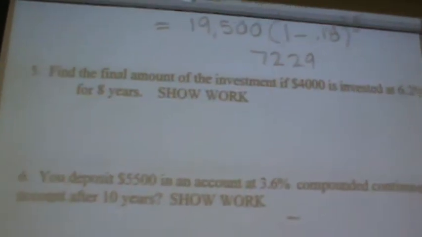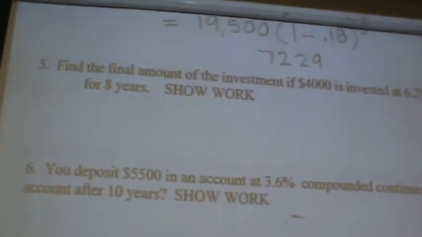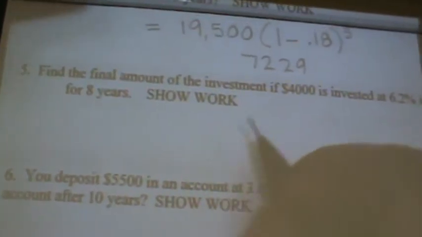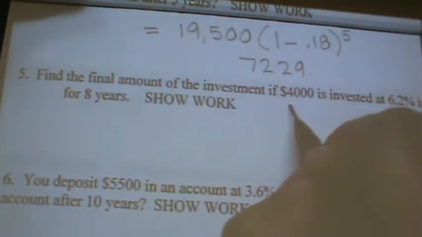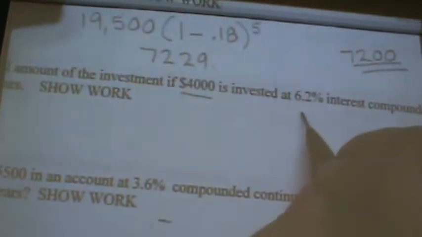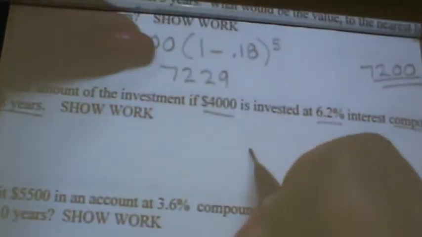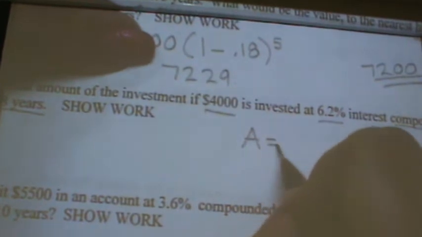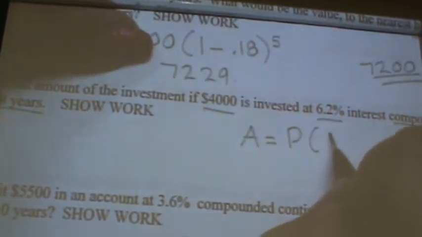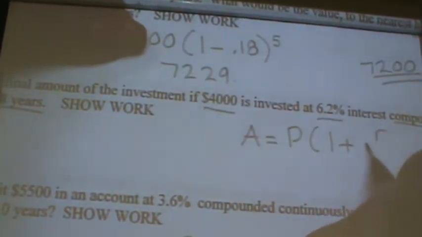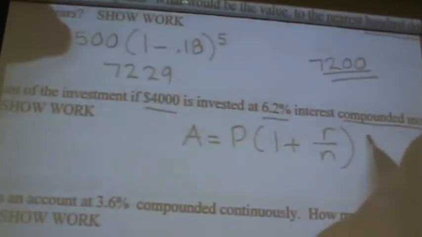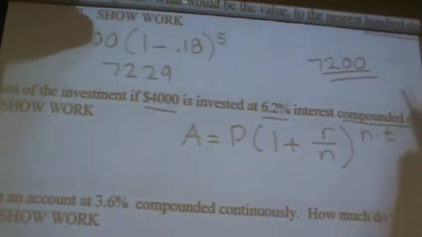Number 5. Find the final amount if you invest $4,000 at 6.2% compounding monthly for 8 years. Do you guys know this formula? Yes.